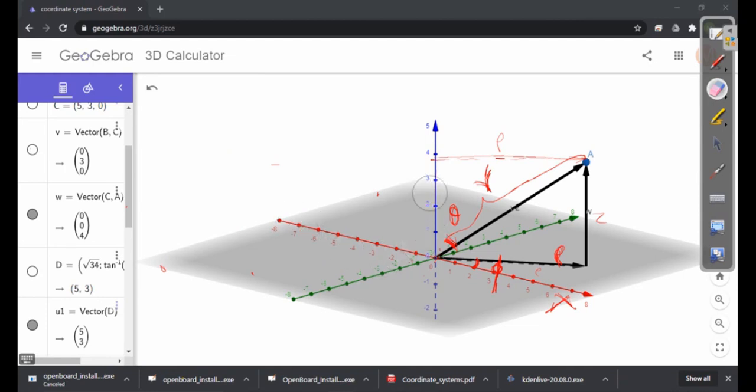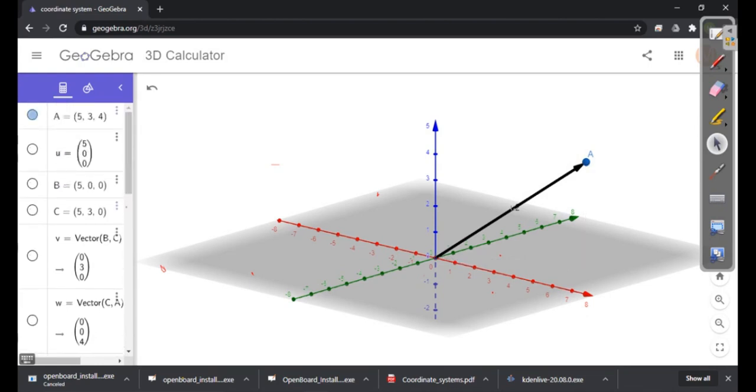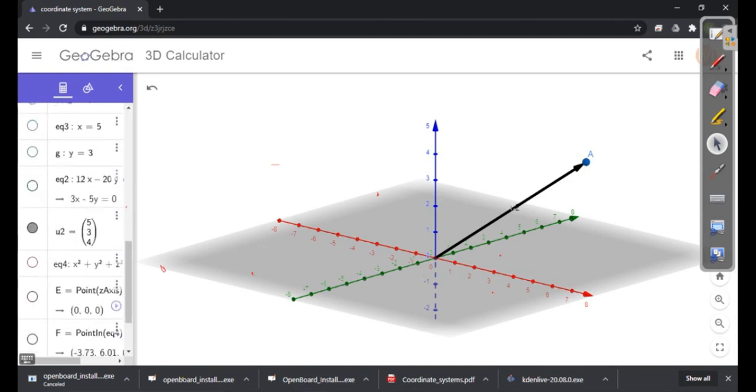Let me erase all these things. So if we see here in the Cartesian coordinate system, all the three parameters which we are using are along the x-axis.